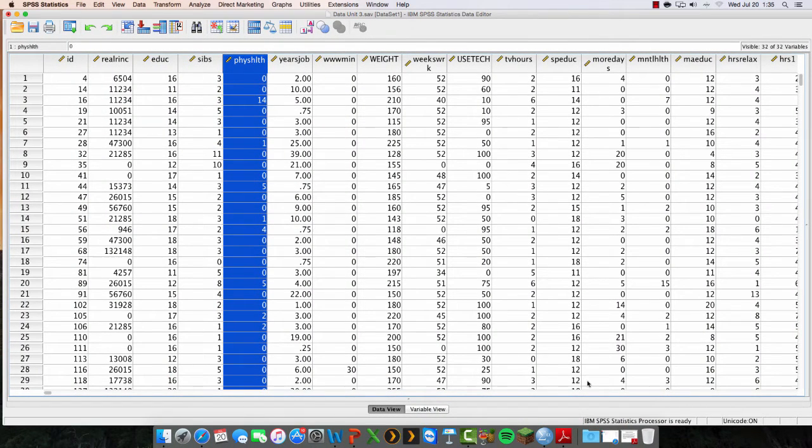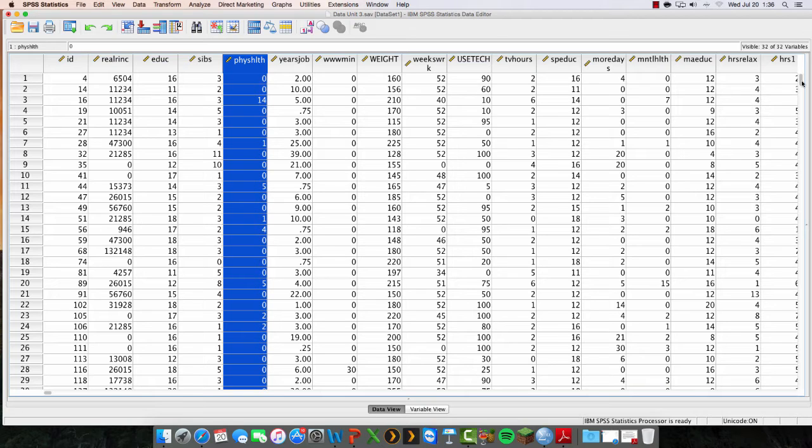So as you can see, I have before me the data set from Unit 3. In this data set, we've got 32 variables of various types, all ratio level, all taken from the GSS, the General Social Survey, from the National Opinion Research Center at the University of Chicago, which is their annual series of surveys in which they ask folks about their lives and social issues and opinions and all kinds of great stuff.